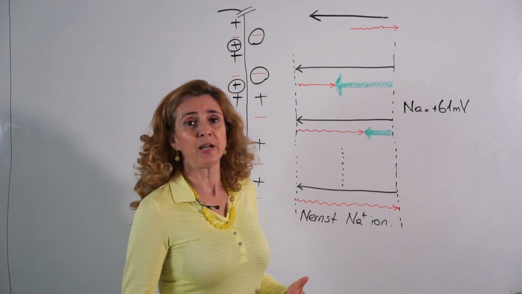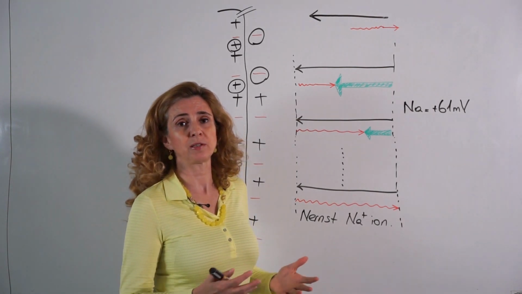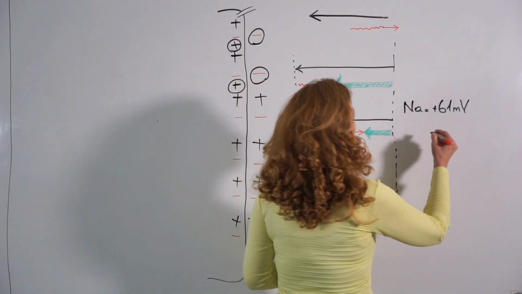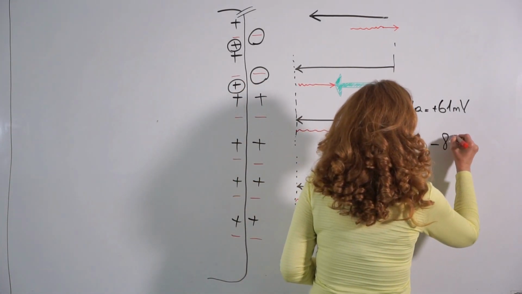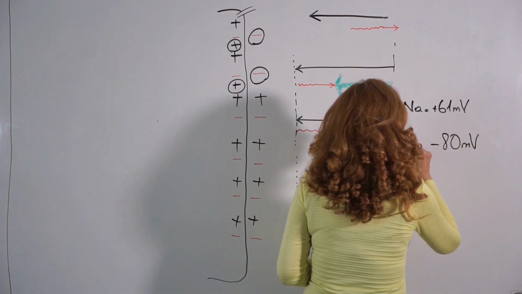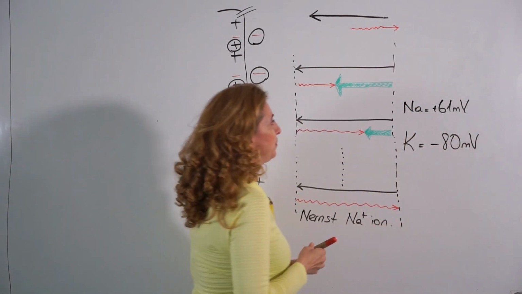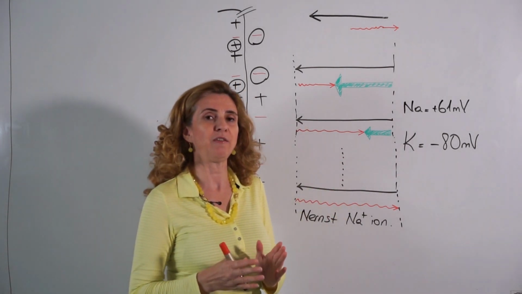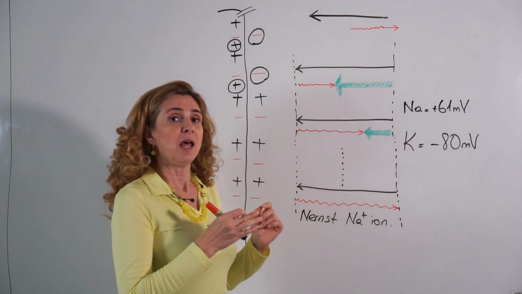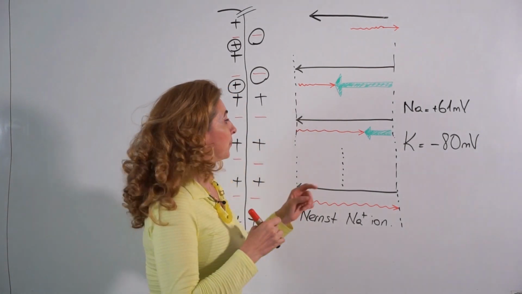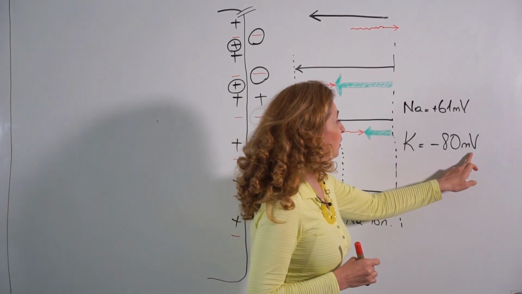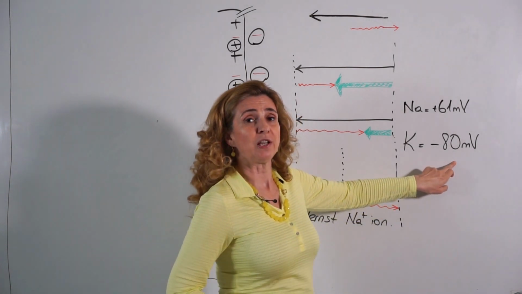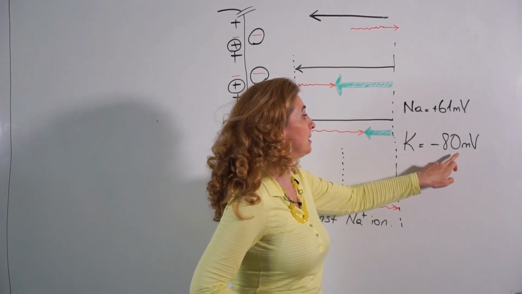If a typical Nernst potential for sodium is plus 61, what is a typical Nernst potential for potassium? It is something like minus 80 millivolts, which means that with the concentration difference that we have in this cell, the effect of chemical force can be stopped by an electrical potential difference equal to minus 80 millivolts.